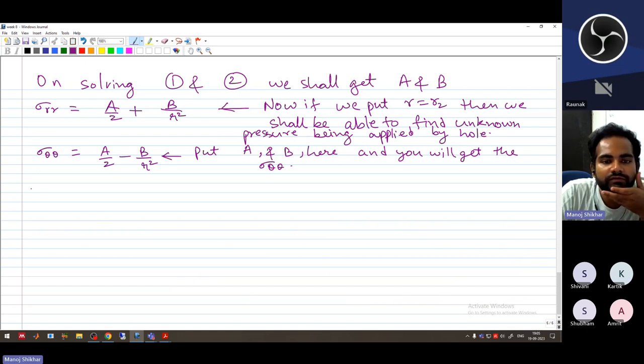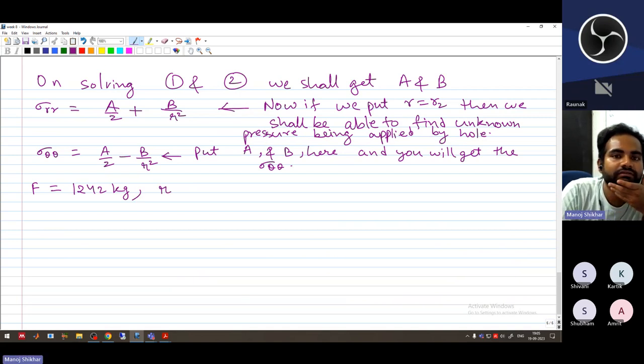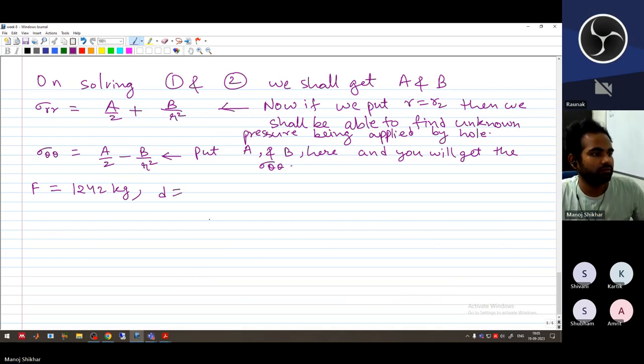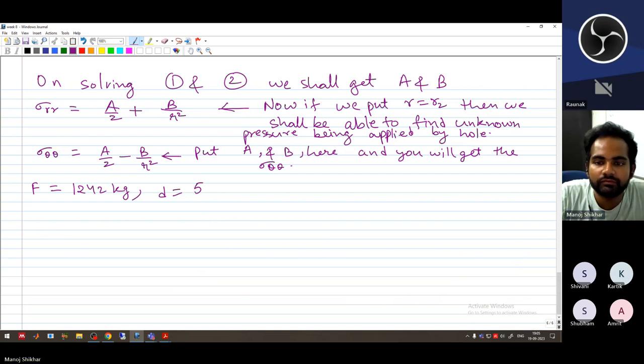Now you can put the numerical value yourselves. I'll just write what you have to write for the numerical value. So F is 1242 kg. You need to convert it in Newton. You have been given D, small d. I think they have given it to be 50.8 mm. So R1 will be 50.8 by 2.